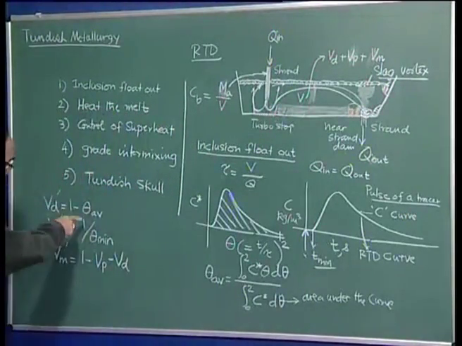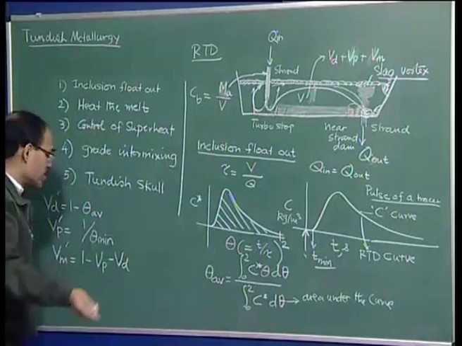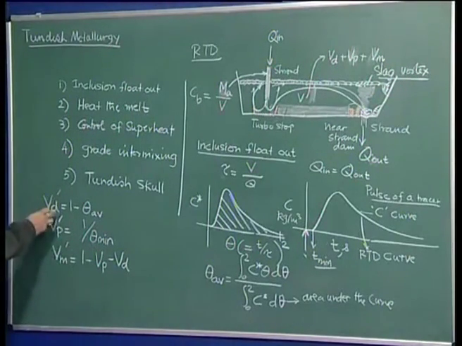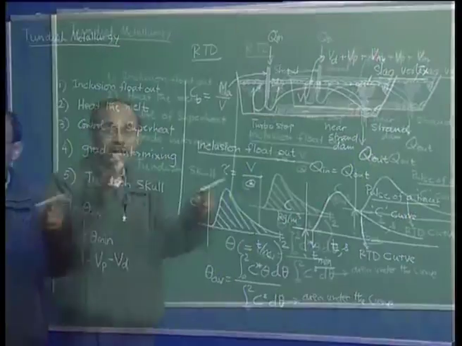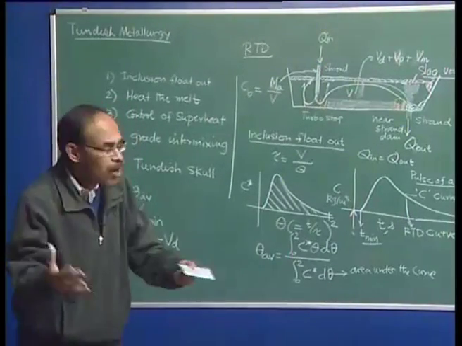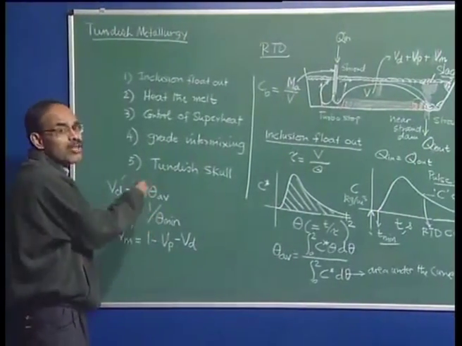So, accordingly, the theta average and theta minimum values will also be different for different tundish systems, and as a result different tundishes will have different dead volume fraction, plug volume fraction, and mixed volume fraction. This essentially implies that different geometry tundishes under different operating conditions will perform differently, because the plug volume fraction is going to be different for different tundish systems.